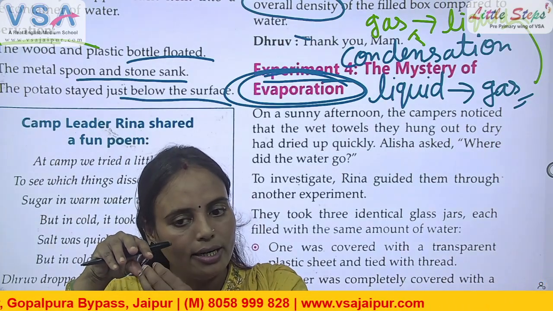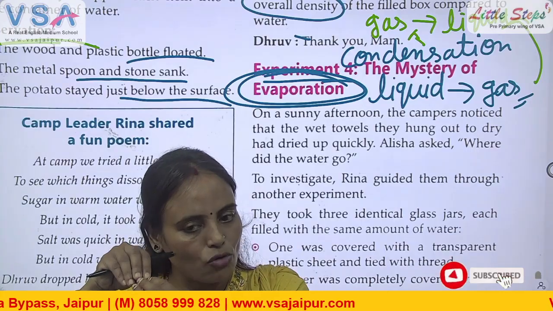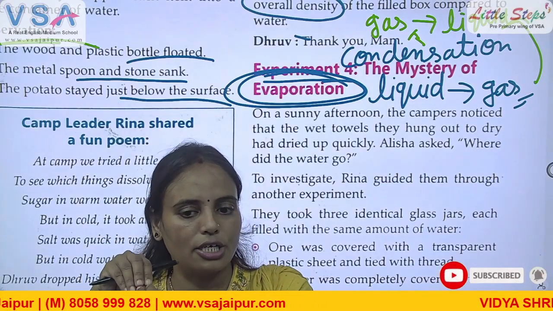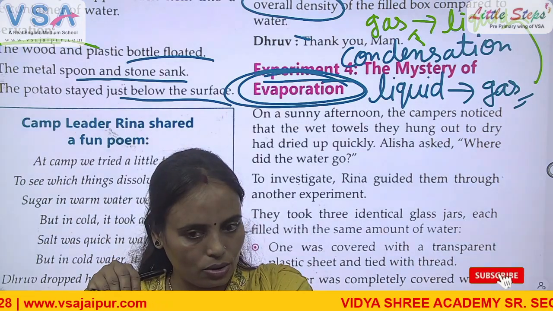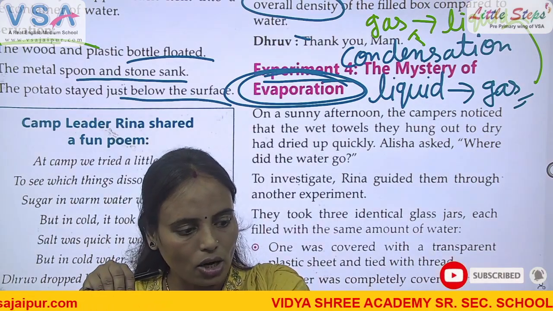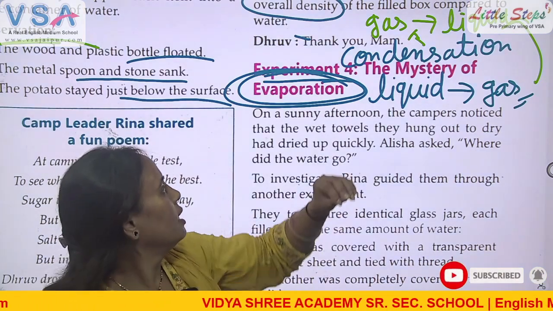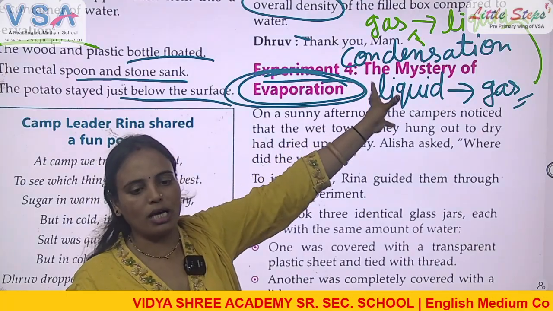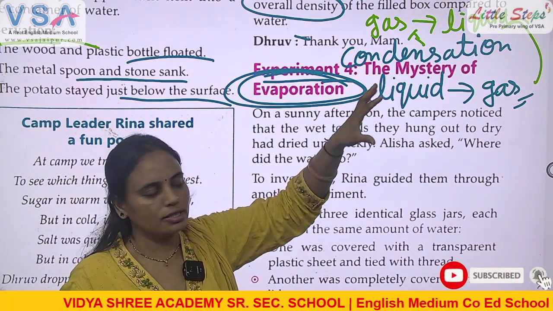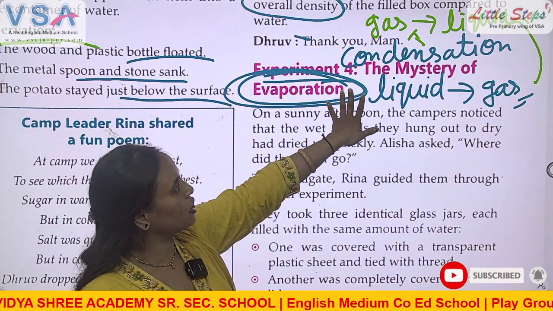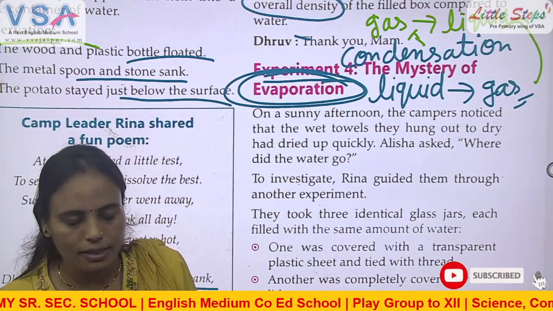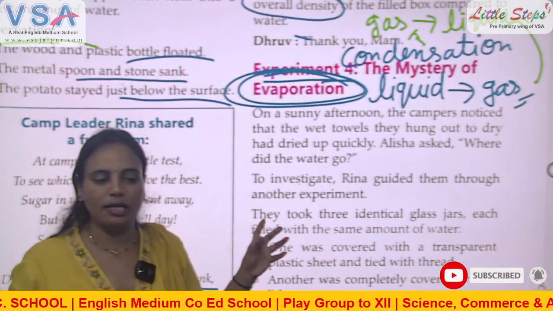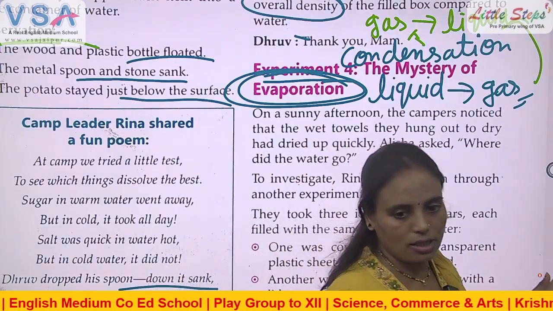So this form is called condensation, when the gas cools down. Okay, got it? So this is called condensation. This is evaporation and its reverse form is condensation. Got it? So in this experiment we learned about these.